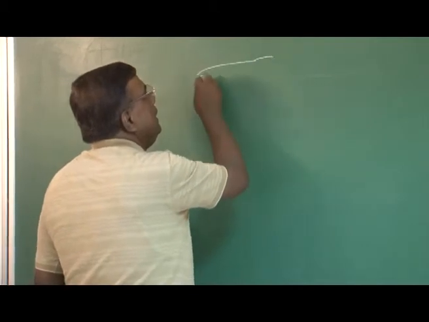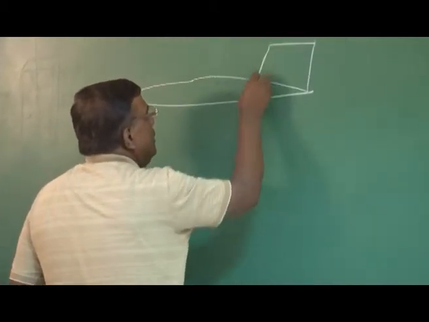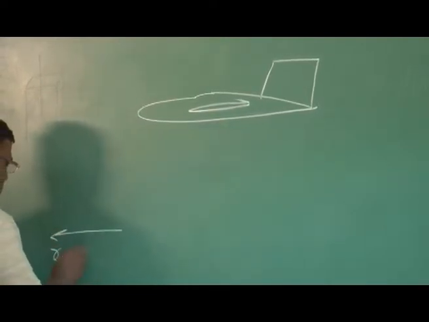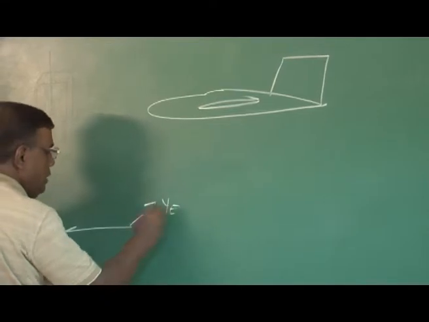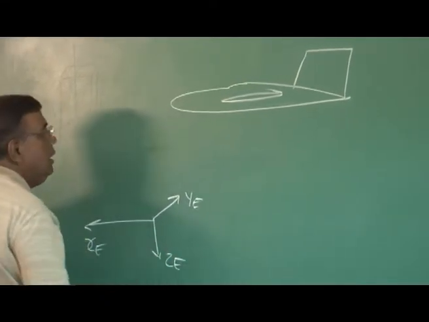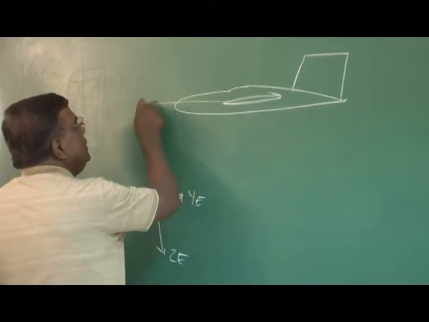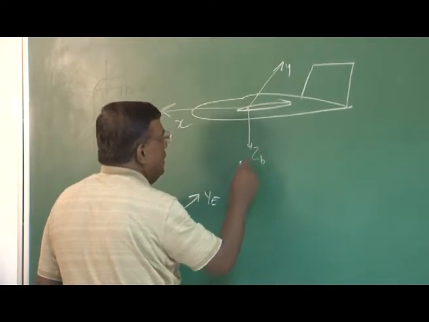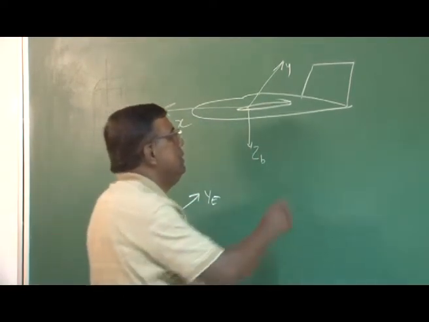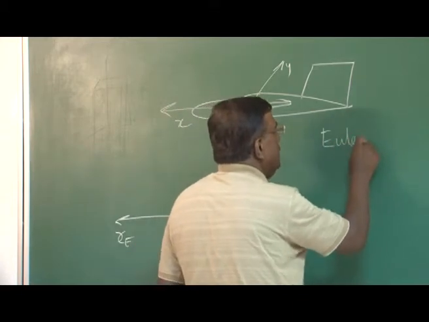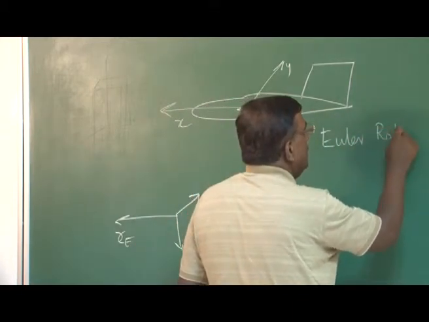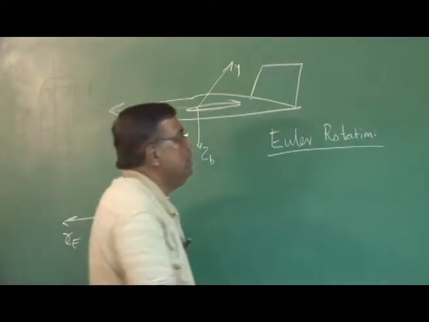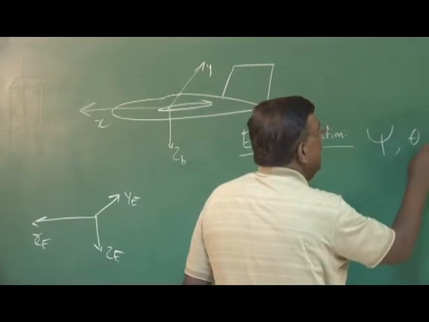If I take this as an aircraft, and this is your X earth or inertial frame, Y earth, Z earth, and if this is X body, Y body, Z body, then the Euler rotation, one thing is the order is important. Order is psi, theta, and phi.